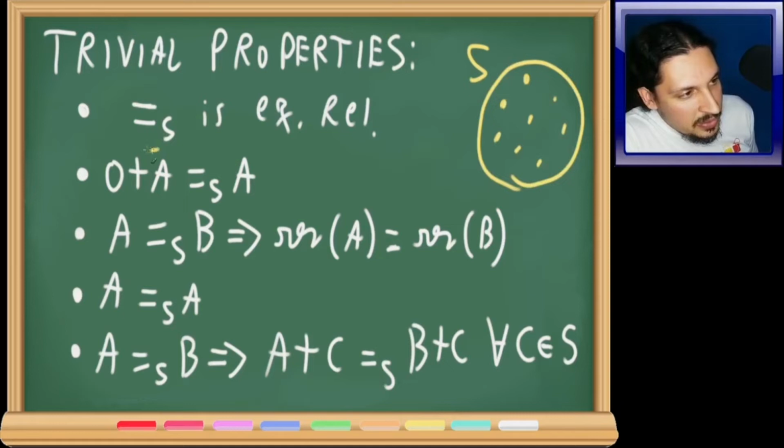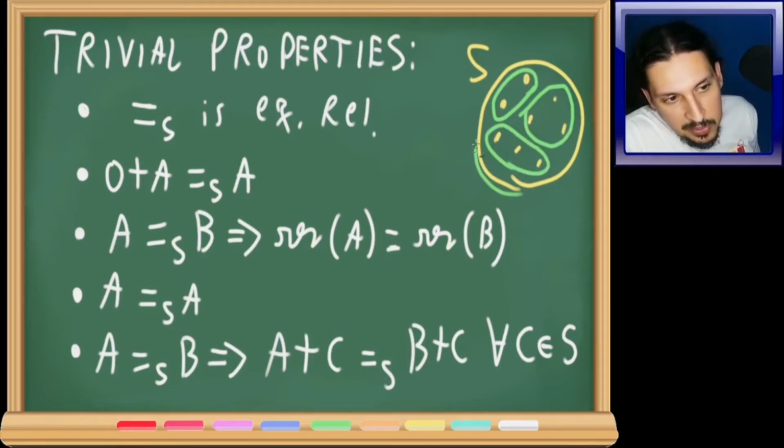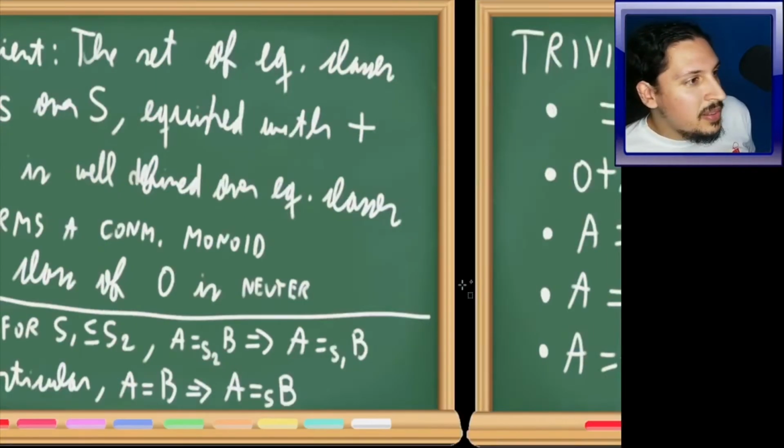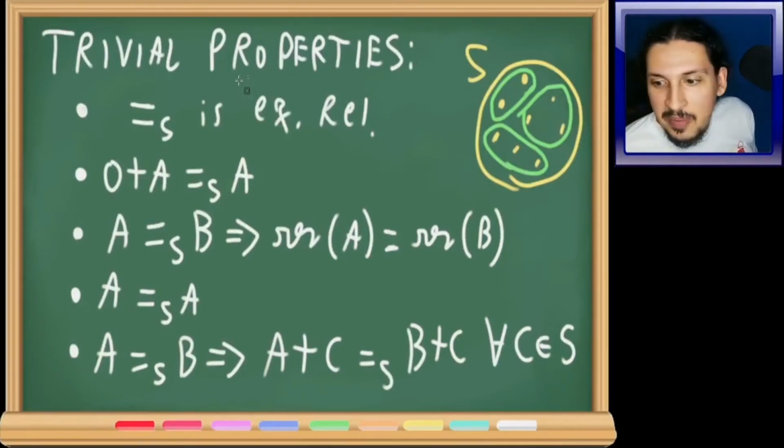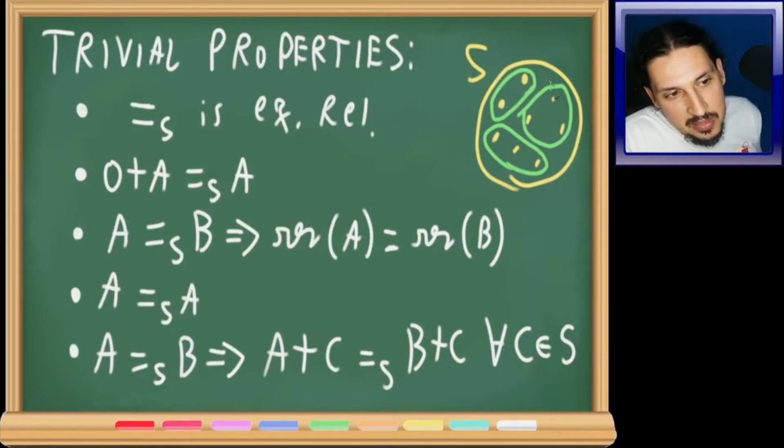But when we consider the equivalence with respect to S, some of these games happen to be equivalent and will be like in bags. Maybe all of these are equivalent, all of these are equivalent. Well, the quotient, the S quotient, is simply the set of these equivalence classes. So here in this drawing, the S quotient would have three elements: this class, this class, and this class.